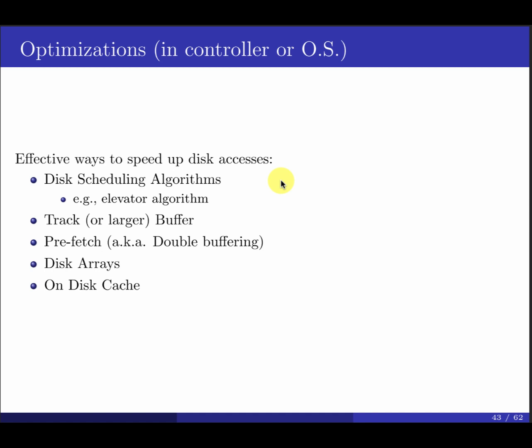I'll just give you an idea of what's going on there. Then you can use a larger buffer to allow you to fetch more data. For example, my buffer only allows me to fetch 10 blocks. If you have a larger buffer, which allows me to store, let's say, 100 blocks, that's great. Of course, that's going to cost you because you need to reserve memory space to hold the data being fetched.